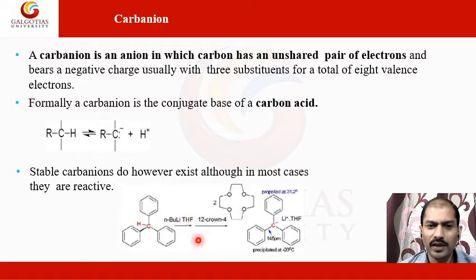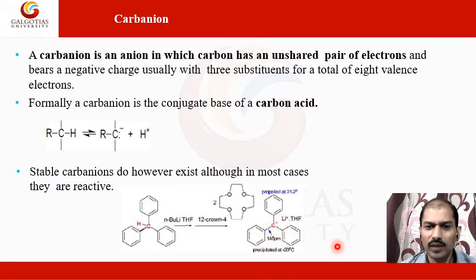Stable carbanions do exist, although in most cases they are reactive. There are many reactions in which carbanions form, for example with crown ethers, if you have an idea about this. These are the crown ethers. Here, in the presence of this molecule which has triphenyl groups, with n-butyl lithium and tetrahydrofuran as the reagents, this makes the carbanion species.